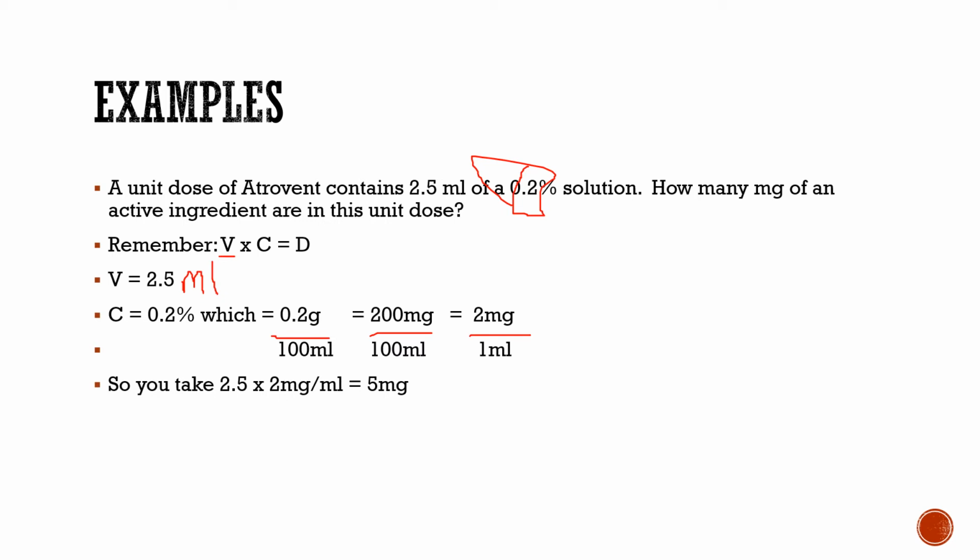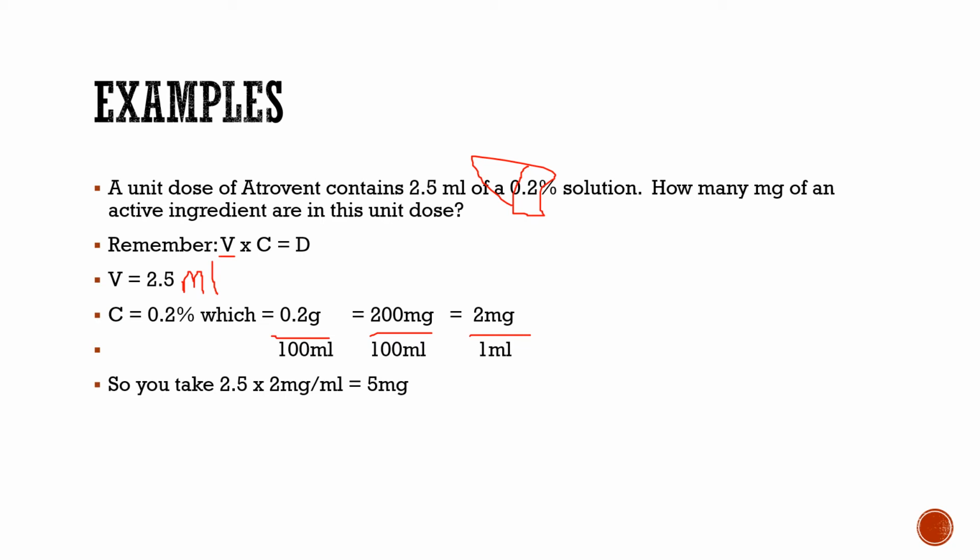As we saw before, 0.2% is the same as 0.2 grams over 100 mils. Make sure you have your line. Then we move 3 decimal places to the right to change grams to milligrams. So that changes the 0.2 grams to 200 milligrams, just like earlier we had 0.15 grams and we changed that to 150 milligrams.